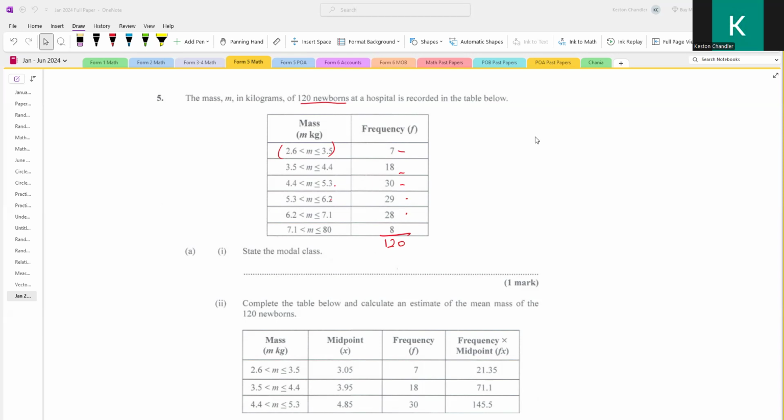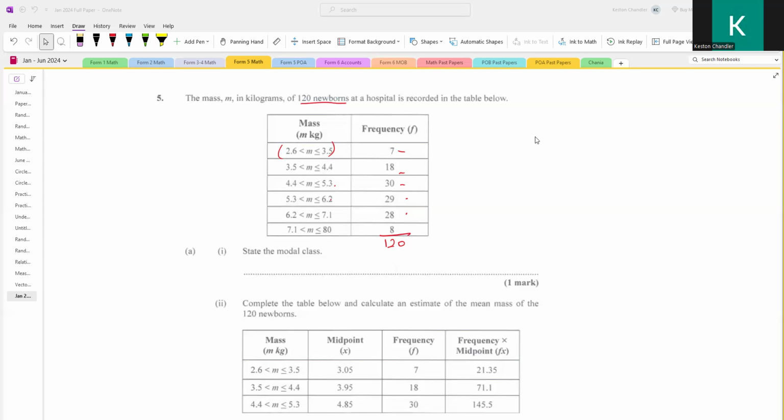We're seeing that babies weigh as little as 2.6 kgs to as much as 80 kgs. That's 8.0, a mistake they have there. A baby can never weigh 80 kgs. So that's the range of values: the lowest value being 2.6, the highest value being 8.0.